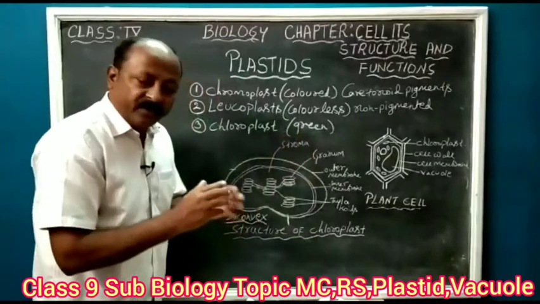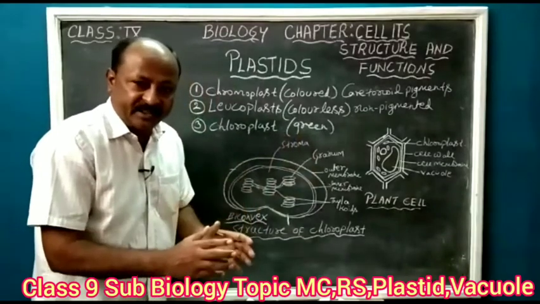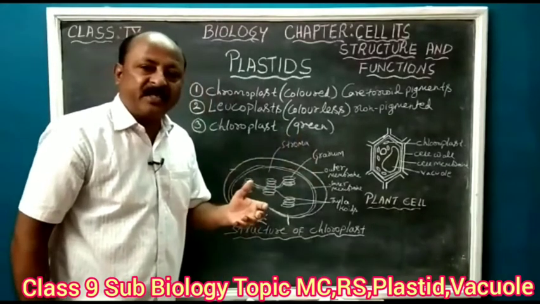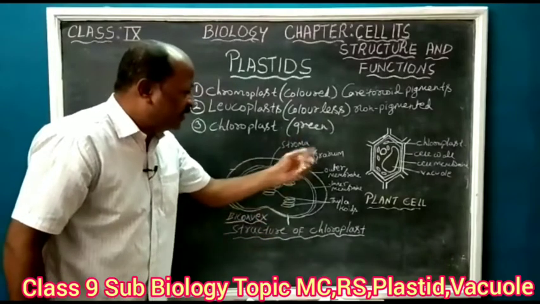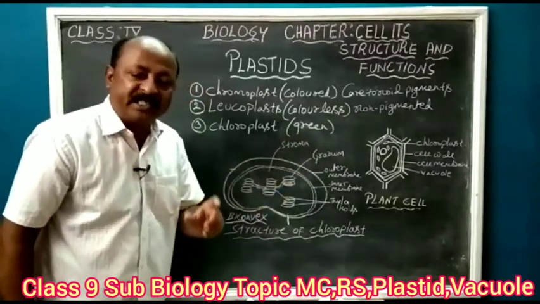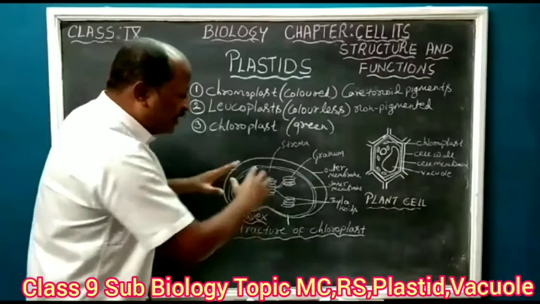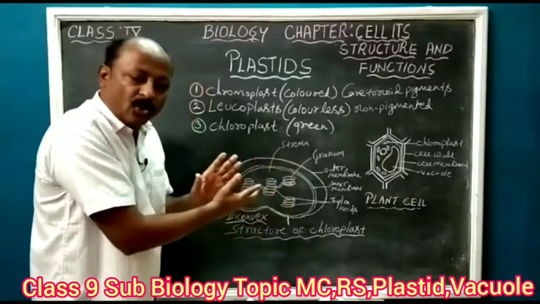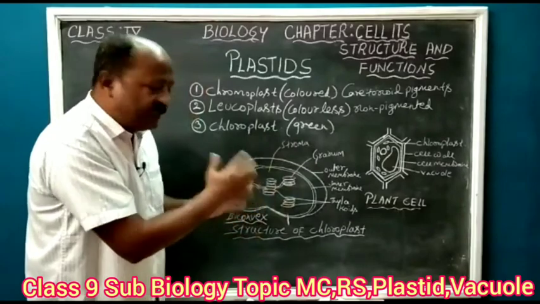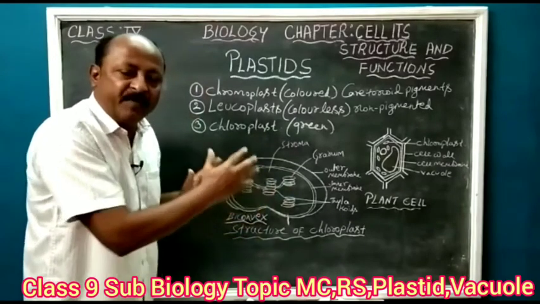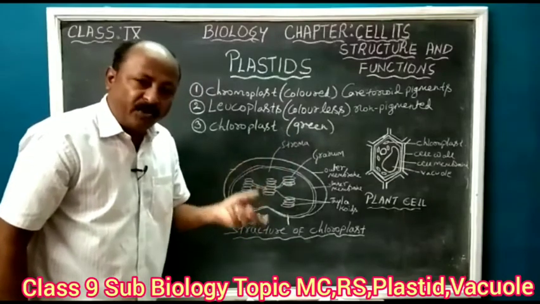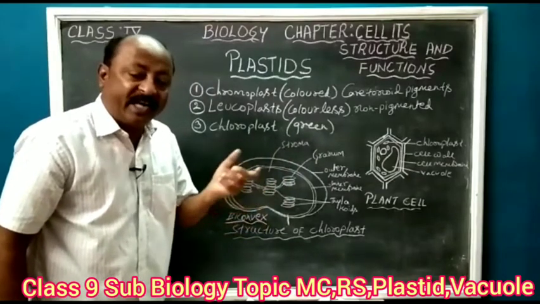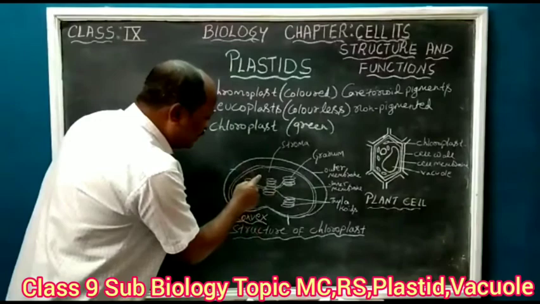So the process of photosynthesis in which plants prepare their food material, that happens in the granum. Photosynthesis actually happens in the chloroplast, but there are different reactions which happen during the photosynthesis. So granum is the important part where the light reaction takes place, and this is the stroma.